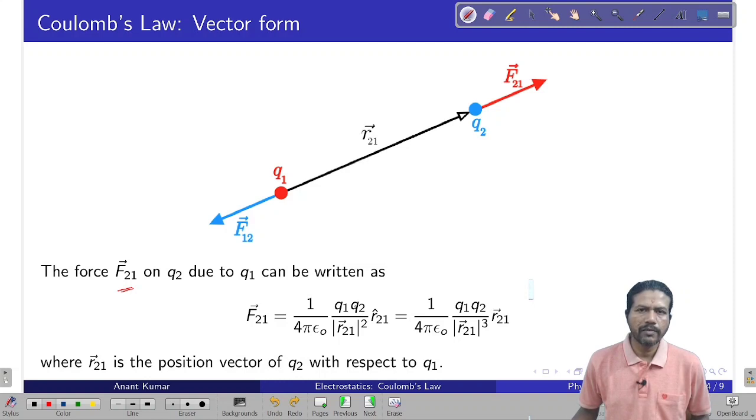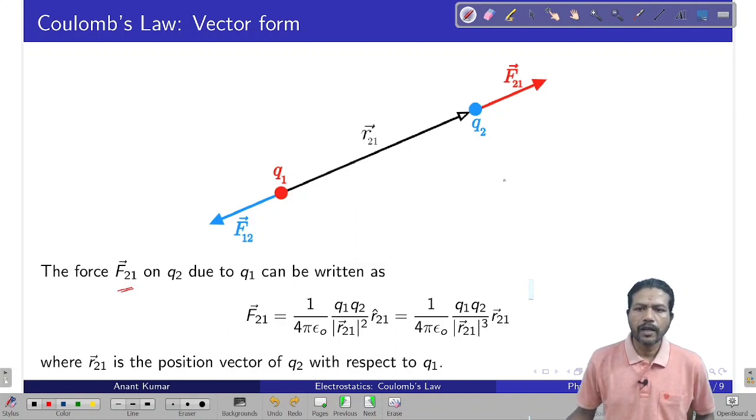Q2, this time there is no mod by the way, divided by mod R21 whole square, that's a distance squared, and then the direction is going to be along R21, so there is a unit vector along R21, that is R21 cap.